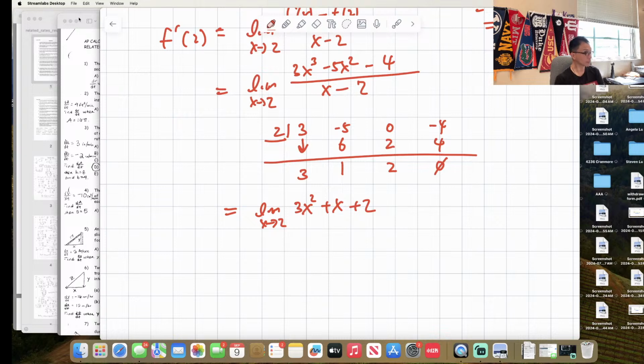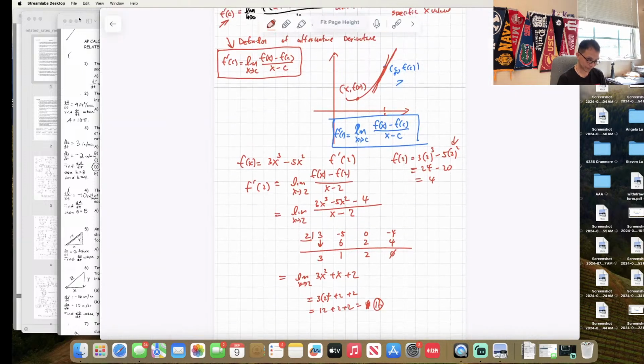Is that okay? And I can plug in 2 there, so it'll be 3 times 2 squared plus 2 plus 2. 4 times 3 is 12 plus 2 plus 2. That's equal to 16. So the answer is 16.